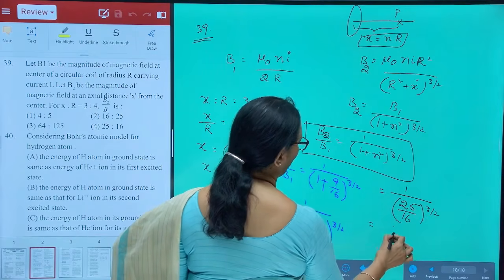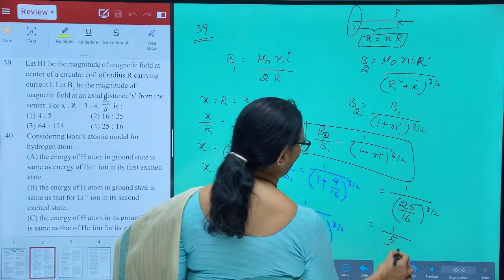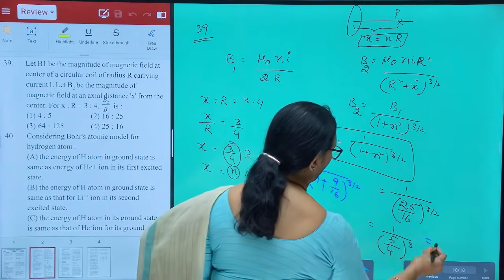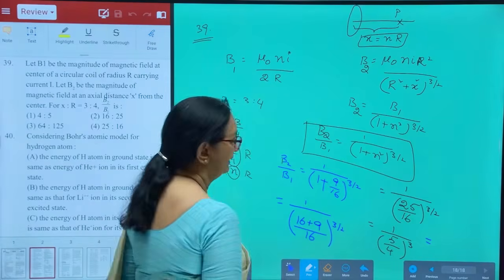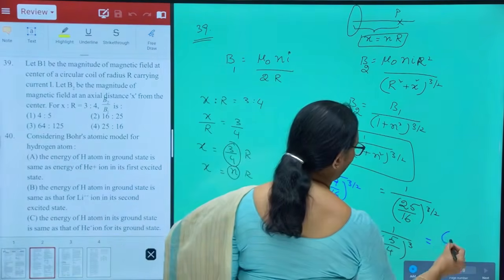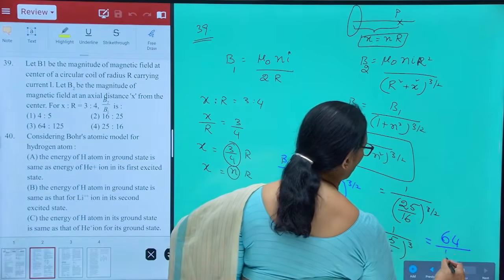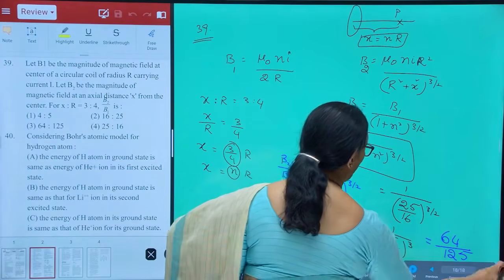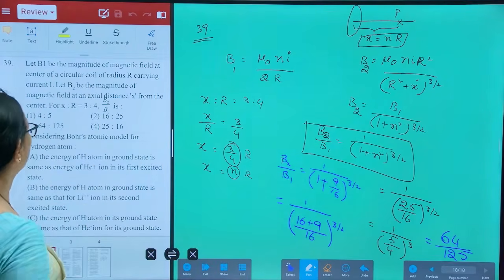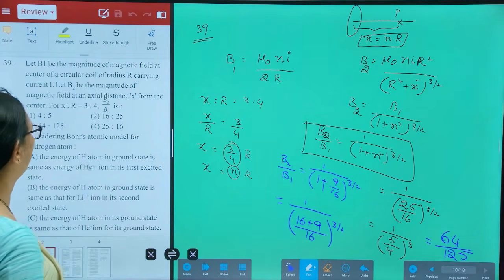Taking square root, it becomes (5 by 4) to the power of 3. Or 4 goes to the numerator, 4 cube, 4 4s are 16, 4 16s are 64, by 5 cube is 125. So B2 by B1 is equal to 64 by 125.